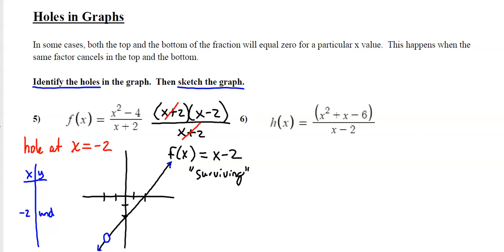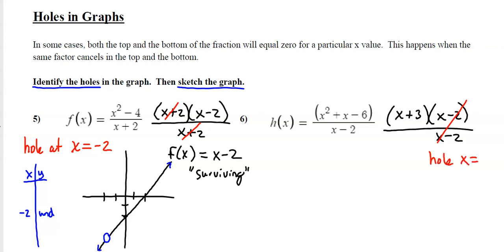So this one over here, this will be what? An x plus 3, x minus 2. I have an x minus 2 on the bottom, so it canceled. That means we have a hole at x equals 2, because that's what made it undefined. It used to make asymptotes, but since there's one on top and bottom, it's actually a hole now.